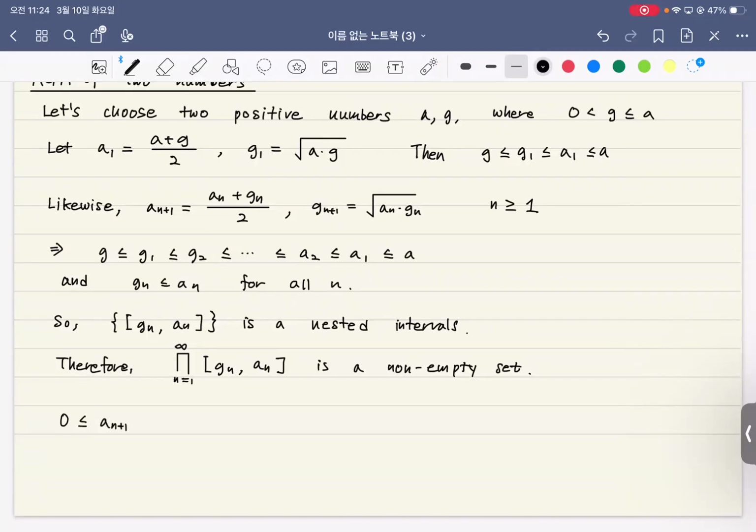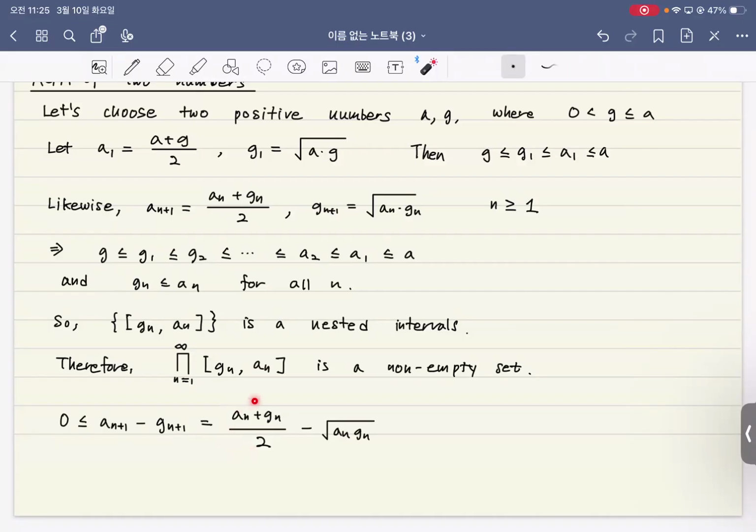Let me begin from this. A(n+1) minus G(n+1). Since for all indices A is greater than G, this must be positive, not negative. But A(n+1) is (An plus Gn) over 2 minus the square root of An Gn.